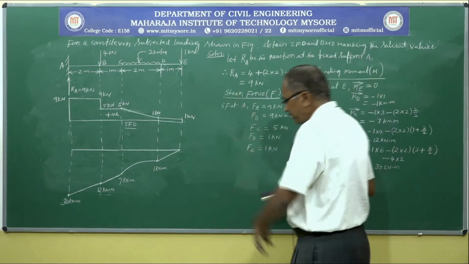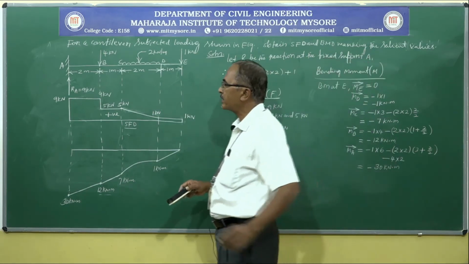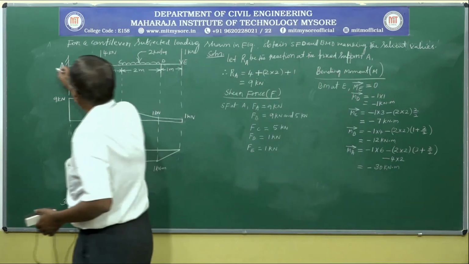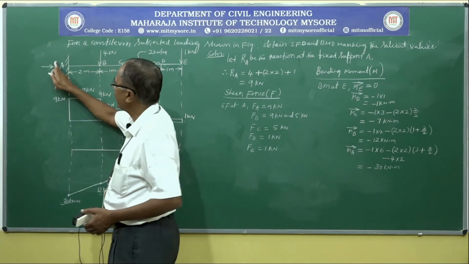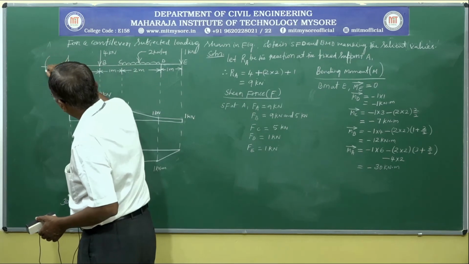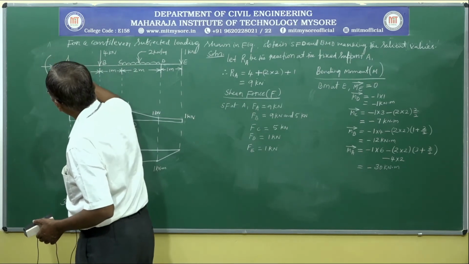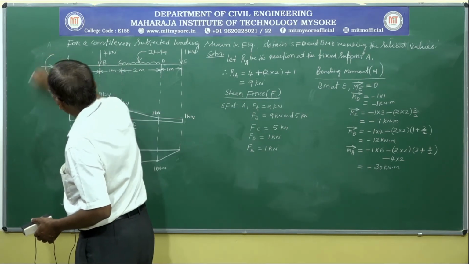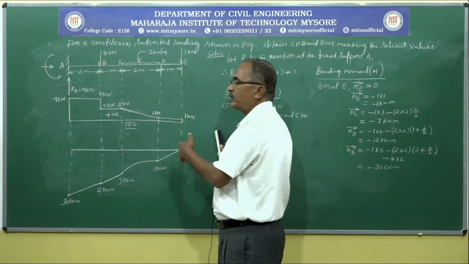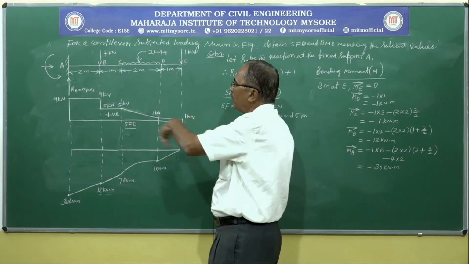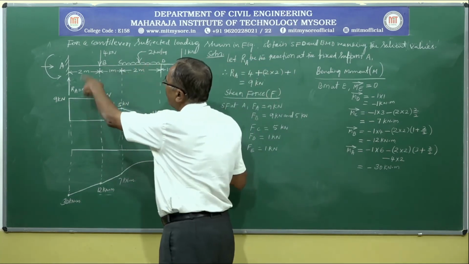Here at point A, as we already discussed, there are two reactions, namely vertical reaction and horizontal reaction. In addition to that, there is a fixed end moment. Always that fixed end moment acts in the opposite direction to the moment due to all the forces acting on the beam.